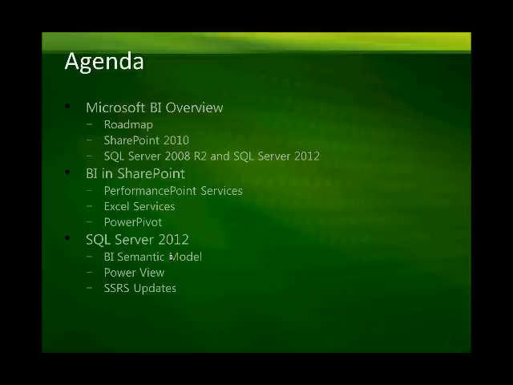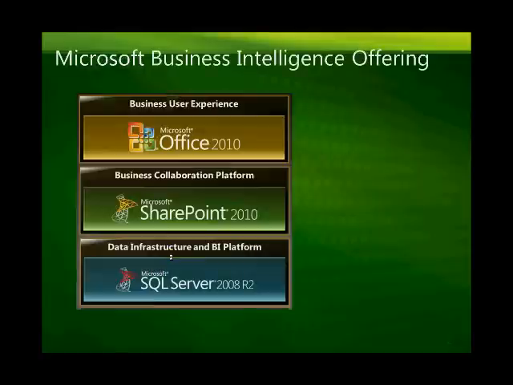A lot of them you get right out of the box with the Standard edition of SQL Server. Some of these, like master data, is only available to you in the Enterprise edition. However, what is nice about this is that you don't have to purchase anything separate. If you are using SQL Server today in your enterprise, in your company, you can absolutely use Microsoft BI.